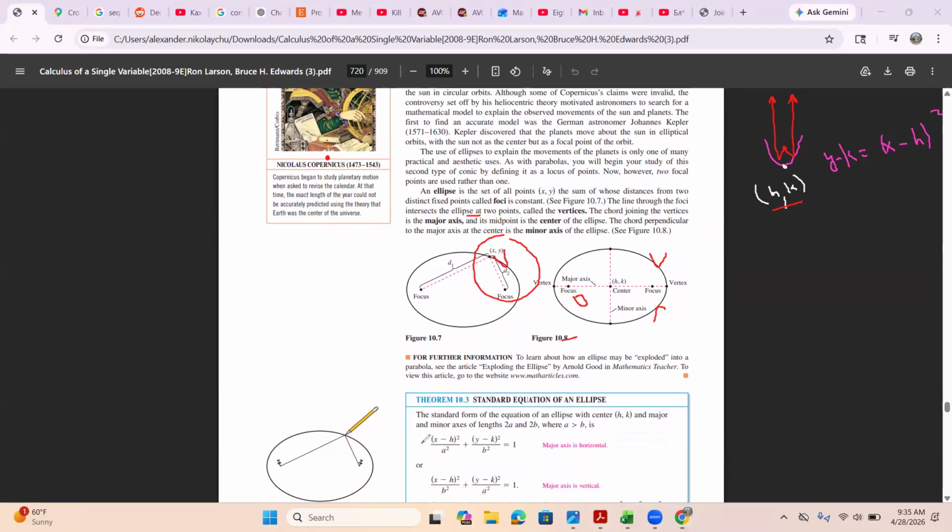It has a square term for x minus h and y minus k, and the key idea is to have one on the right side. With a parabola, we don't have a y term squared, but with an ellipse, both x and y squared.